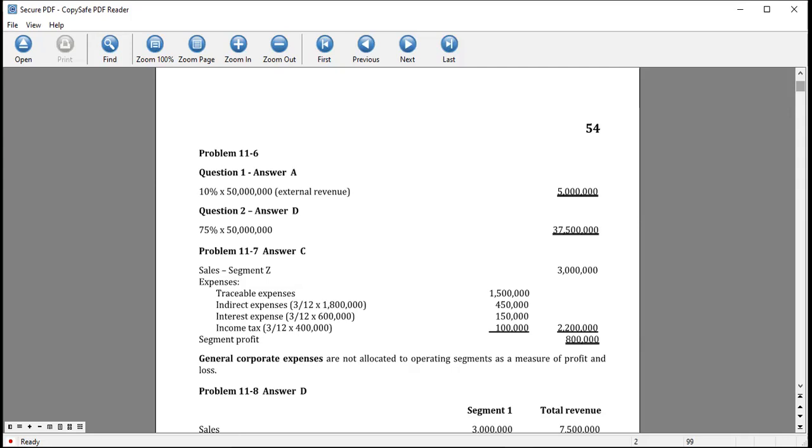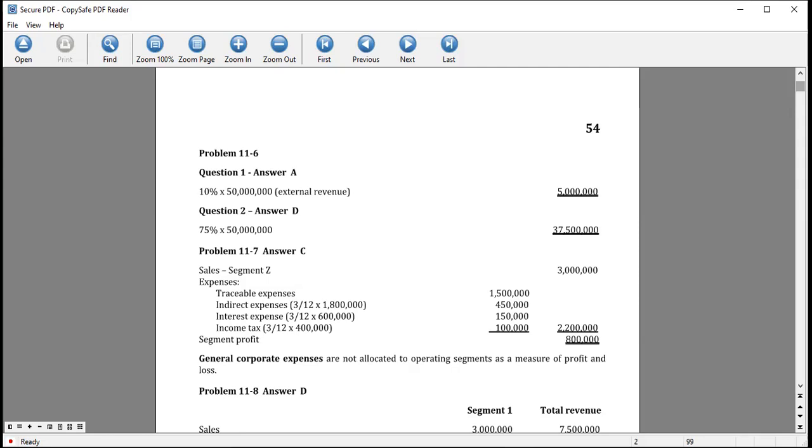That's the minimum amount of external revenue to be disclosed by reportable segments. Now we have the 75% rule.